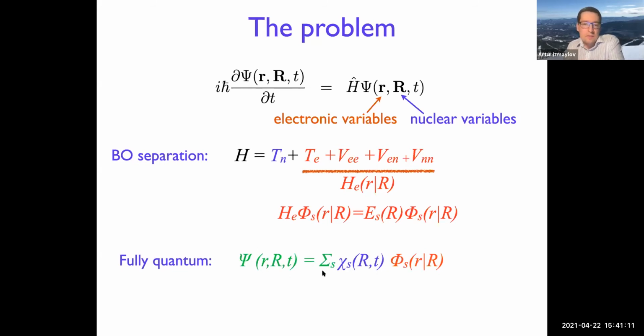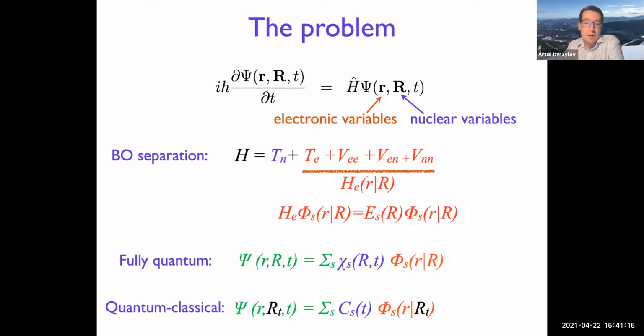This can be contrasted to quantum-classical approaches, like surface hopping or Ehrenfest, where there is no quantum nuclear wave function. The distinct feature is that we don't have the nuclear dependence. Instead, we substitute the nuclear variable with an essentially classical trajectory. Okay, and we will be mostly interested in doing the full quantum dynamics with nuclear wave function.